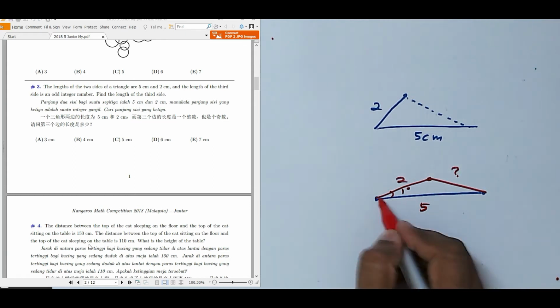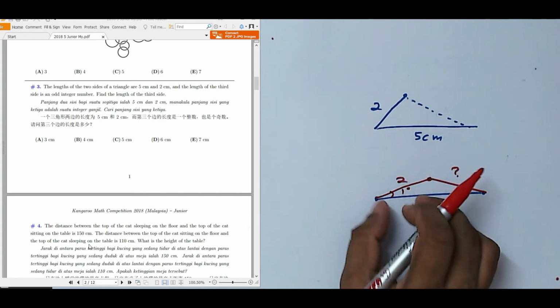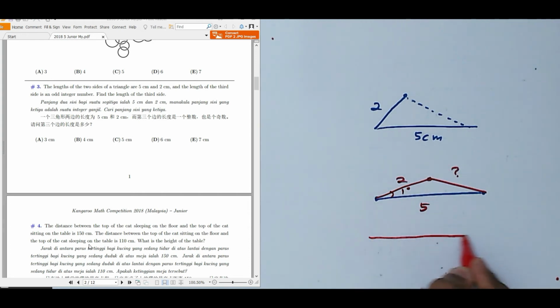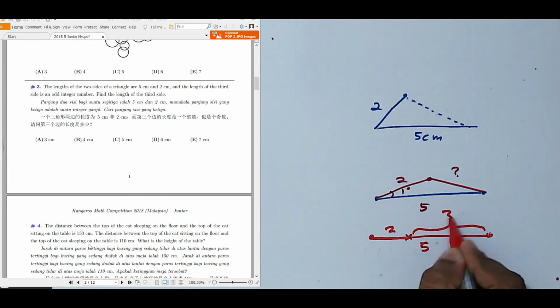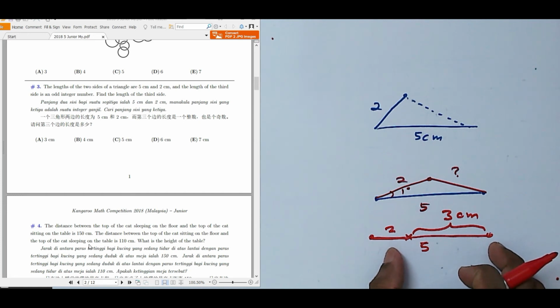We assume now the 2 I put here at 0 degrees, on the same line as the 5. Let's say the angle is 0 degrees. This is 2, so what is this length? It will be 3 centimeter. This is the lowest possible side.